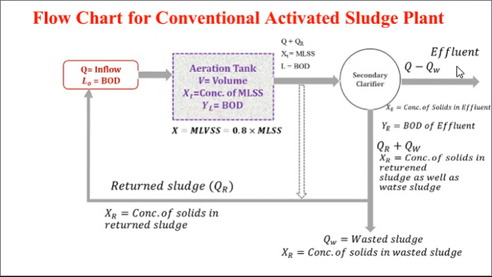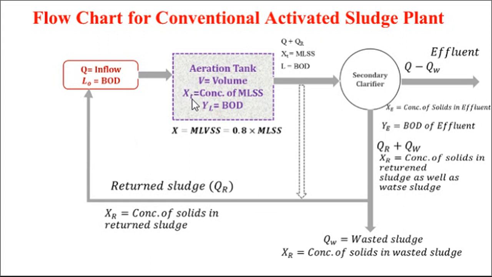It is called treated sewage or effluent. Then XE is the concentration of solids remaining in the treated sewage, and YE is the BOD remaining in the treated sewage. Whatever sludge is there is taken out, and that quantity is QR plus QW. In this, XR is the concentration of solids in the return sludge, QW is the quantity of wasted sludge, and QR is the quantity of sludge recirculated to the aeration tank.